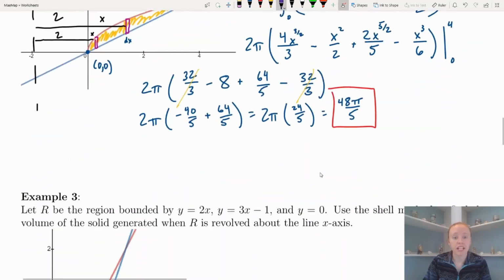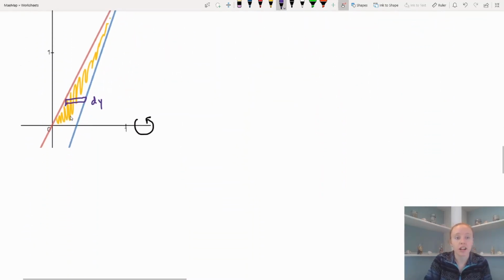But our radius is no longer x. Our radius is still that distance from where we're revolving, except when we're revolving around the x-axis, that distance is some y value. So even if we drew it up here, that is still some y value away along that entire rectangle.